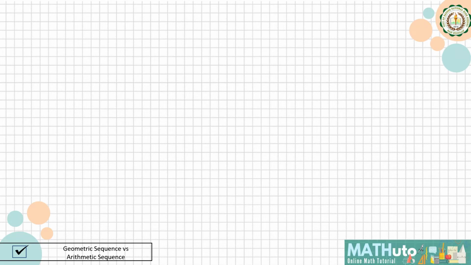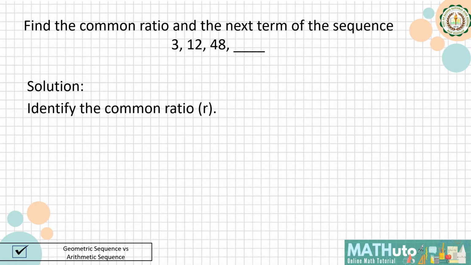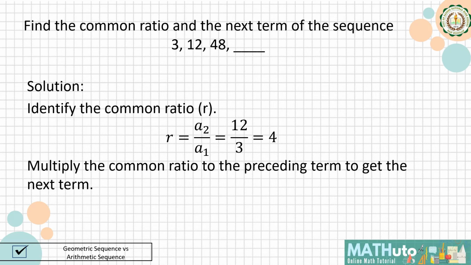Let us now have some examples. Find the common ratio and the next term of the sequence 3, 12, 48. For this, we have to identify the common ratio. We can identify the common ratio by dividing the second term to its first term, and that is 12 divided by 3, which is equal to 4.